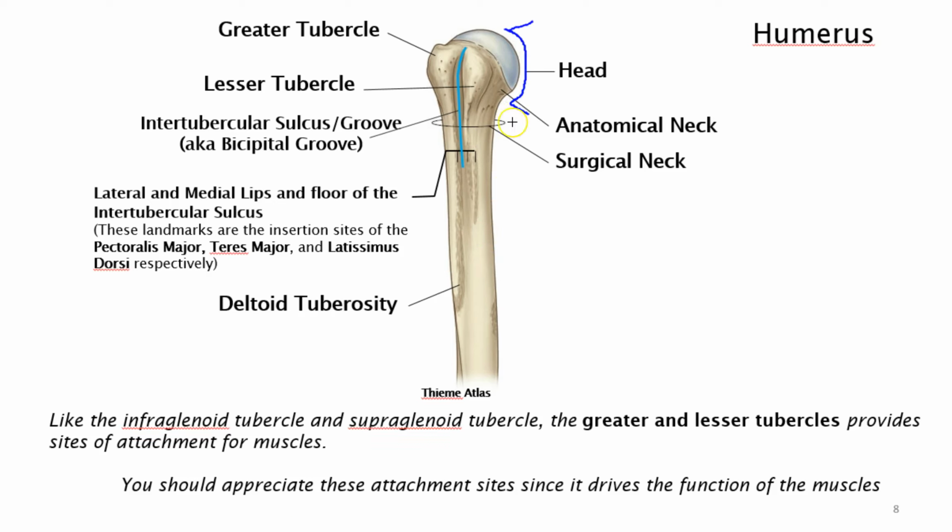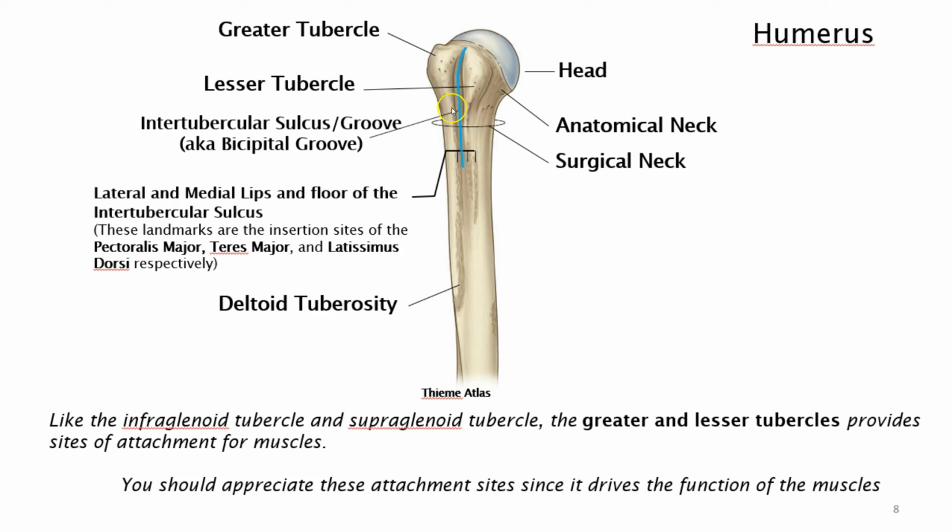And then the surgical neck. Why is it a surgical neck? Well, you can imagine that if you're going to replace this part of the bone, they're going to cut here. So this is the area where the humerus will be surgically fractured to put a new humeral head on. As you can imagine, this brings up some questions post-surgery.